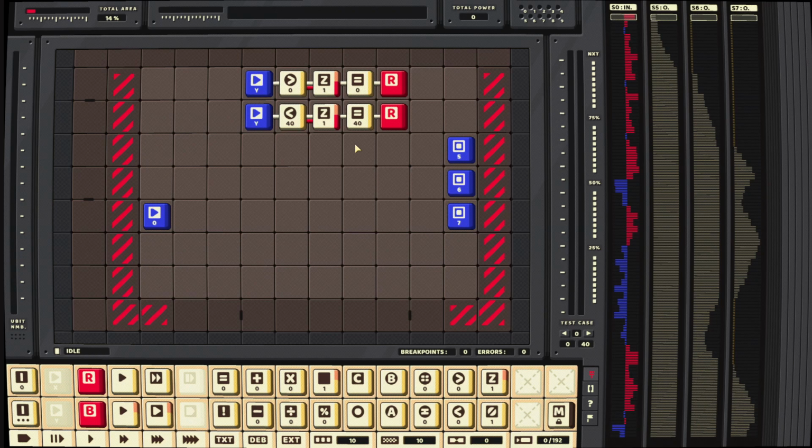Right. So this is, if I deleted these, I guess. Maybe, I guess like so, right? This is a little thing to clamp a value between 0 and 40.